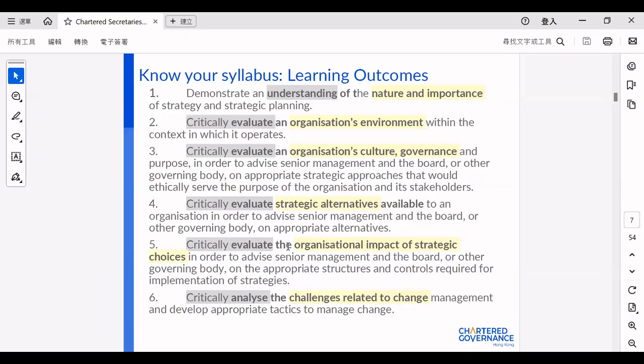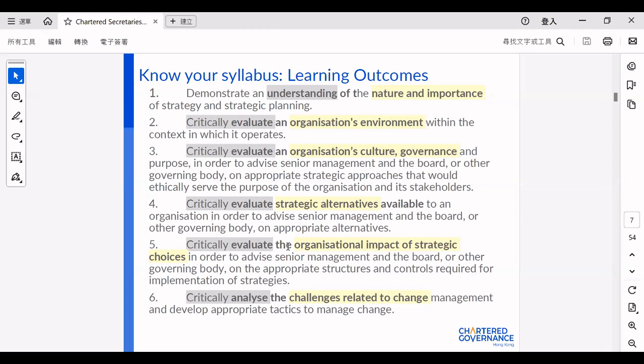The second criterion is to critically evaluate the organization's environment within the context in which it operates. Again, you can see that this question requires application, because you have to evaluate.